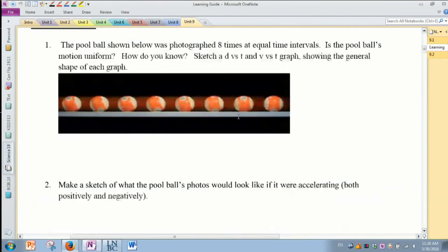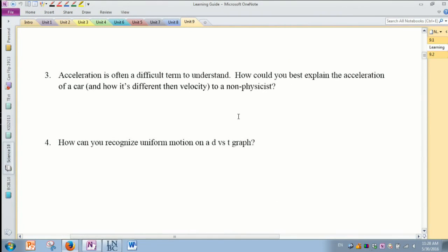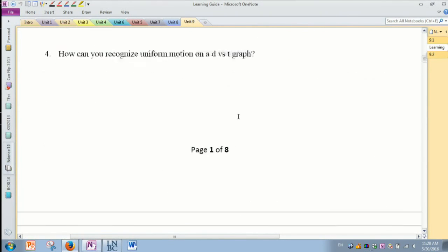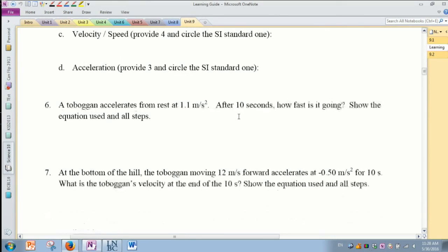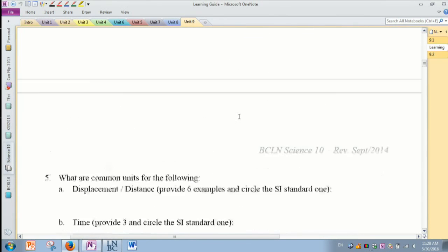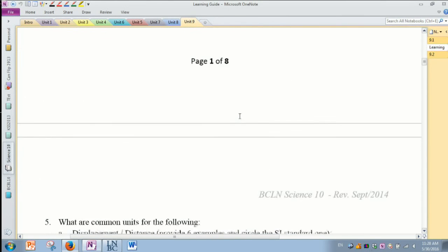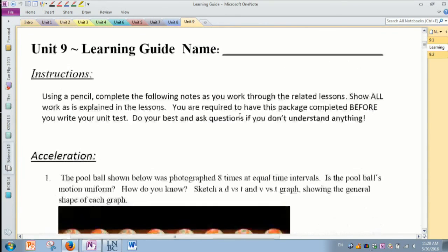This is what Unit 9 looks like. So we should be able to do the first page. Let's just keep it simple. So if you want to stay on top of things, first page of Unit 9 learning guide would be great, but obviously worry about Unit 8, getting that finished and the test written.